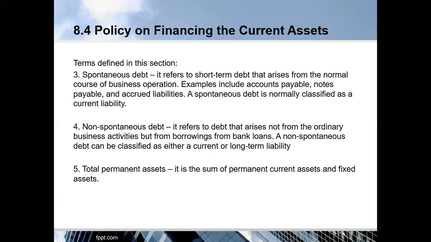Non-spontaneous debt refers to debt that arises not from the ordinary business activities, but from borrowing, like bank loans. Non-spontaneous debt can be classified as either a current or long-term liability. So total permanent assets is the sum of permanent current assets and fixed assets. Fixed asset is another word for non-current assets.